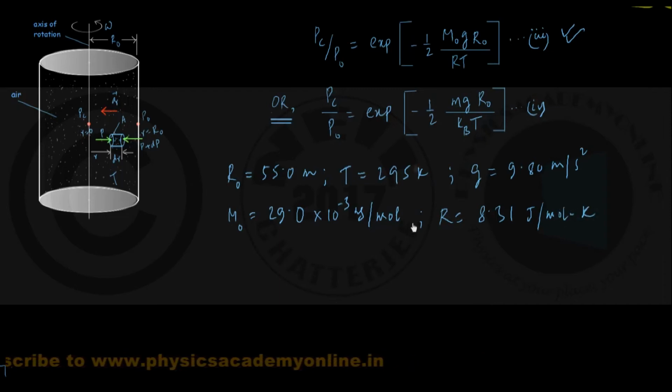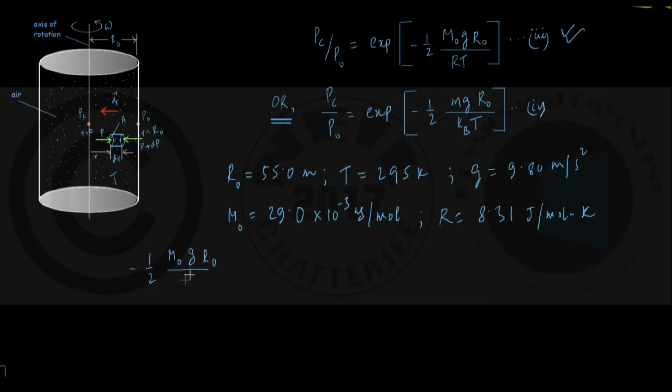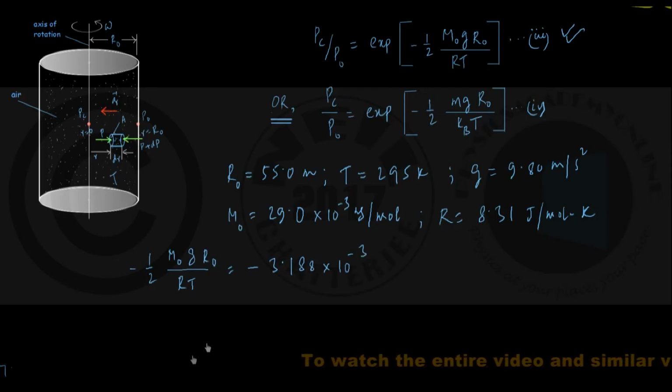When I put these values here, that is within square brackets, you can show that minus half into M0 into g into R0 by capital R into T, this will come to be minus 3.188 into 10 to the power minus 3. A number only without any dimensions, and this is in 4 significant figures.